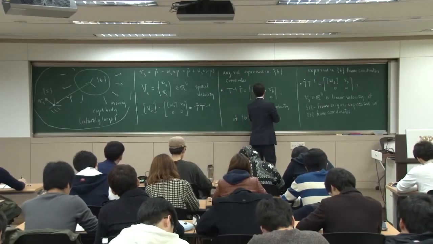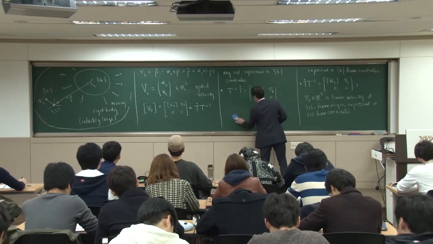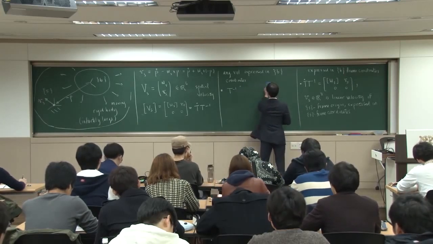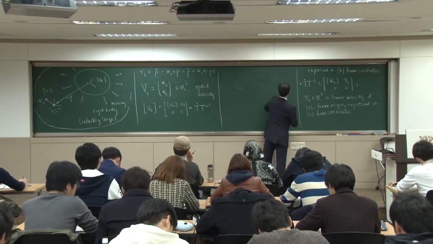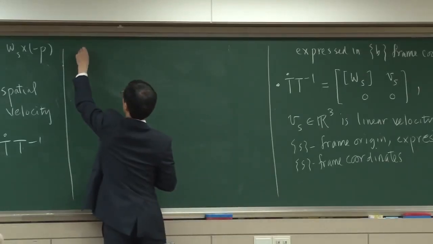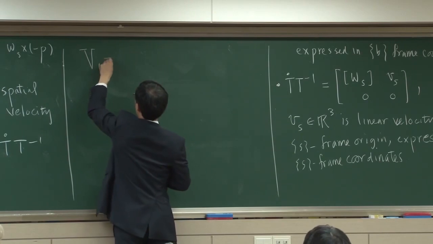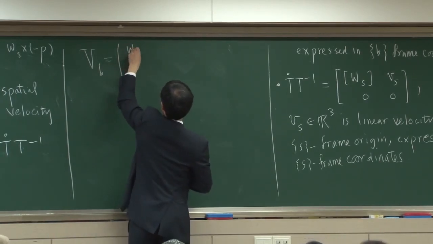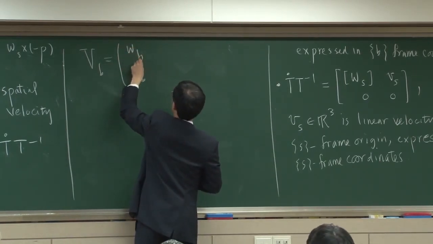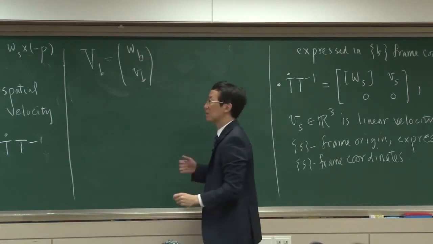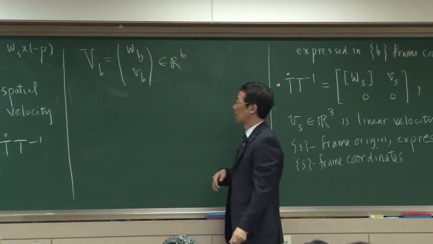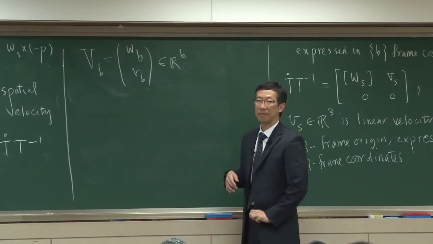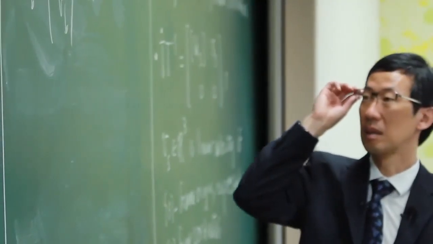All right, so we can do the same thing with V sub B. Let's stack omega b and small vb into a six-dimensional vector. We'll call it large V sub b.